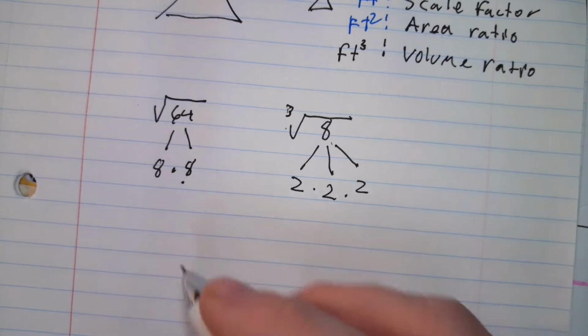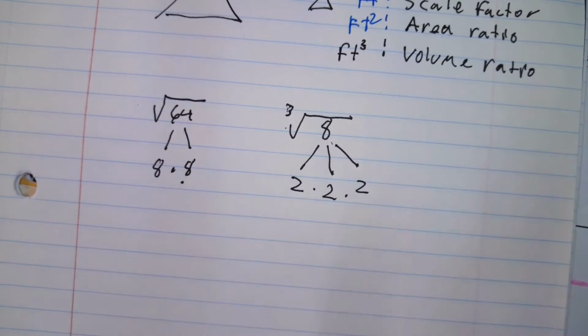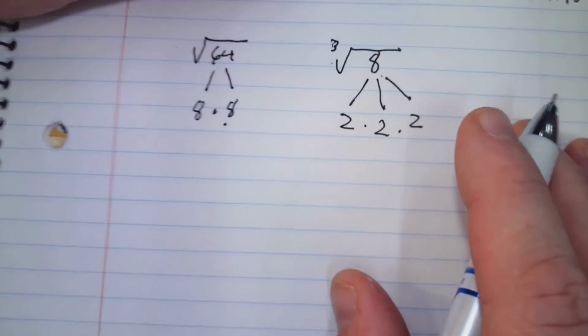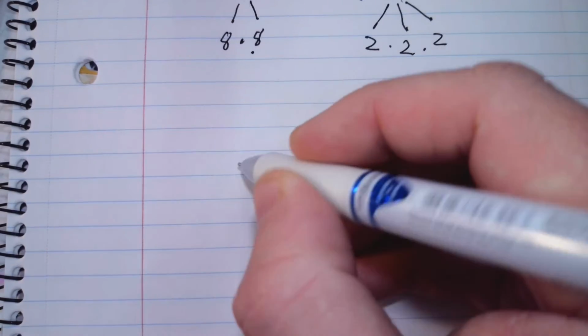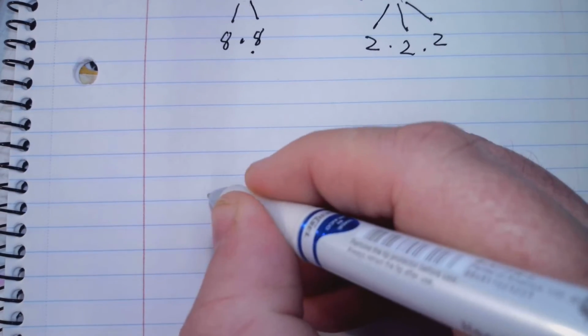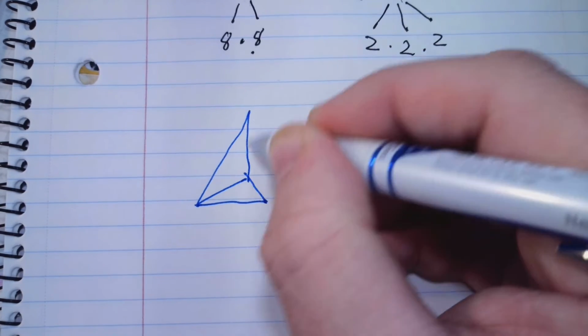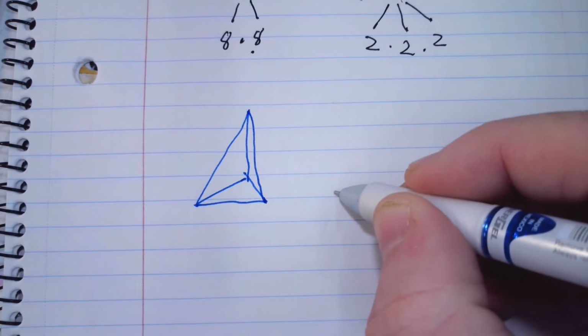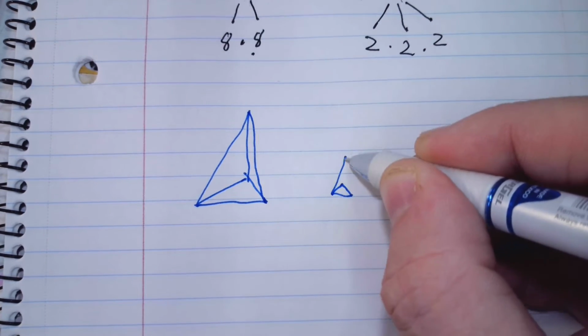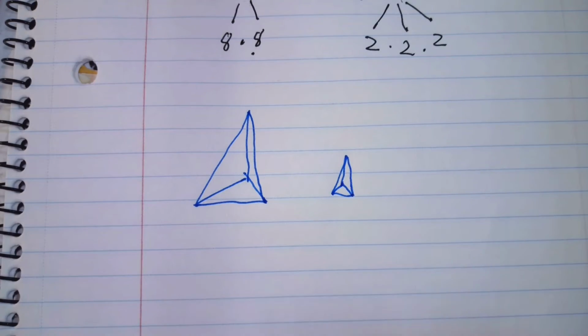And so what we're going to look at is simple stuff first, and we're just going to keep going. Okay, let's look at these 2 shapes. And I'm just going to quickly draw some 3-dimensional shapes. That's a little pyramid. That's a smaller pyramid. Great.